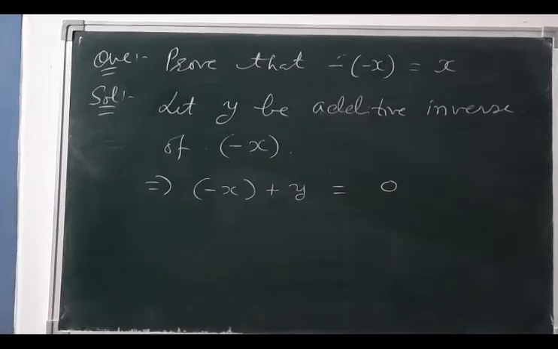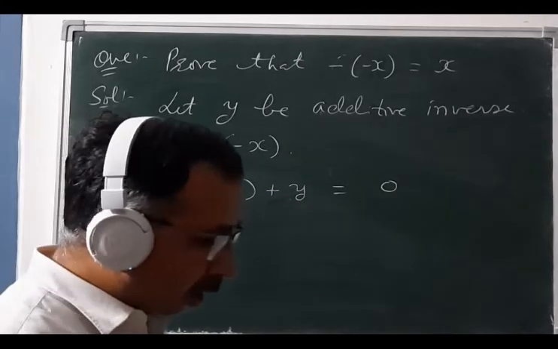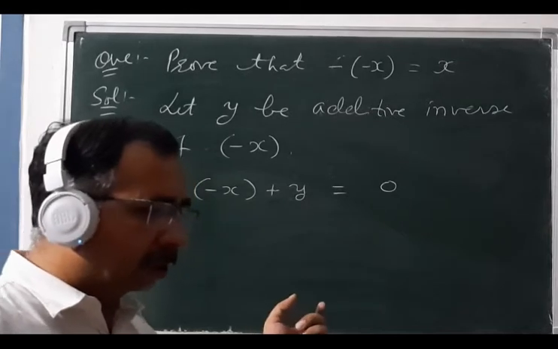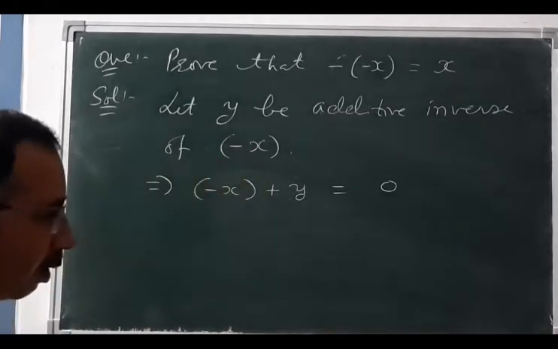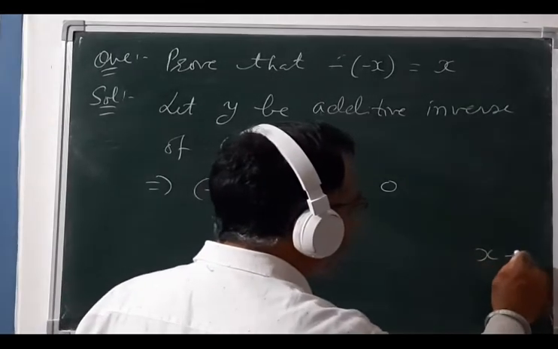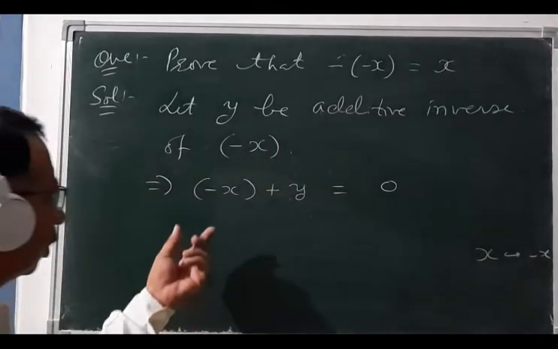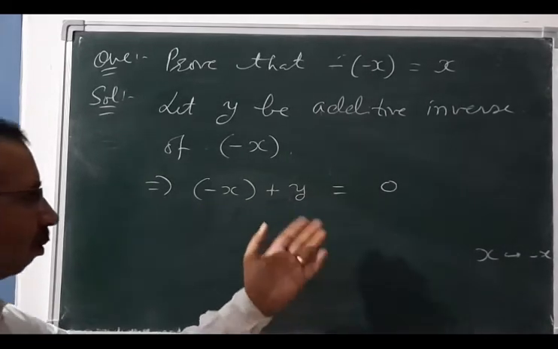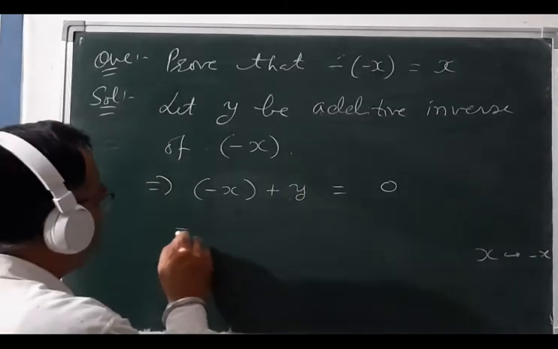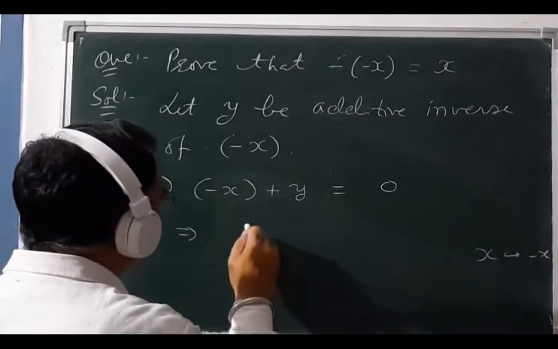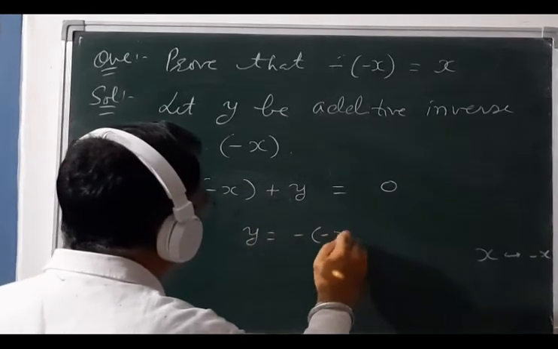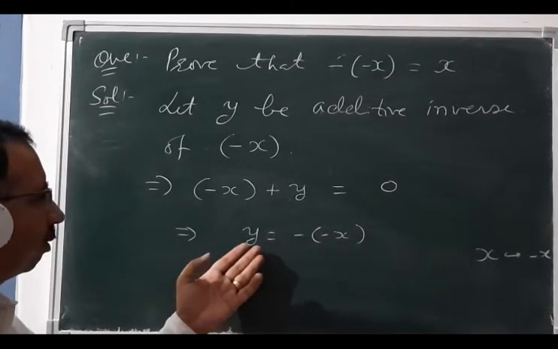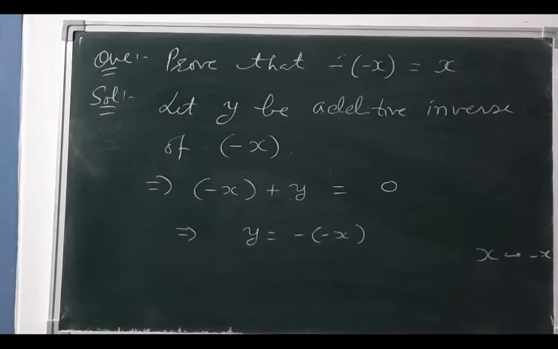So we have already assumed in our addition axiom that for any real number x, minus x will be its additive inverse. So x has additive inverse minus x. So this is now a real number. So its additive inverse is y, but by my axiom, this y must be minus of this thing. So y is equal to minus of minus x.